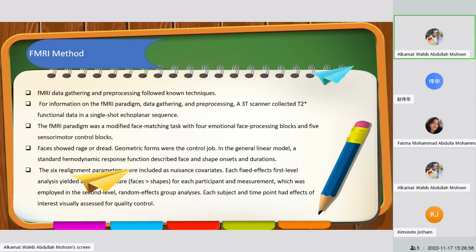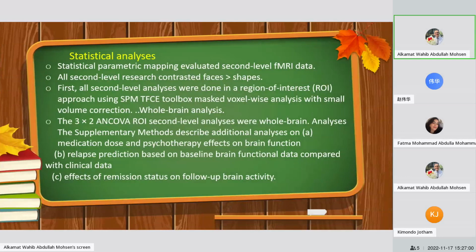Associated with the quality control, the statistical analysis is used in this method. Statistical parametric mapping evaluates the second level. So for the fMRI data, all the second level analyses also tested the contrast face greater than shape.